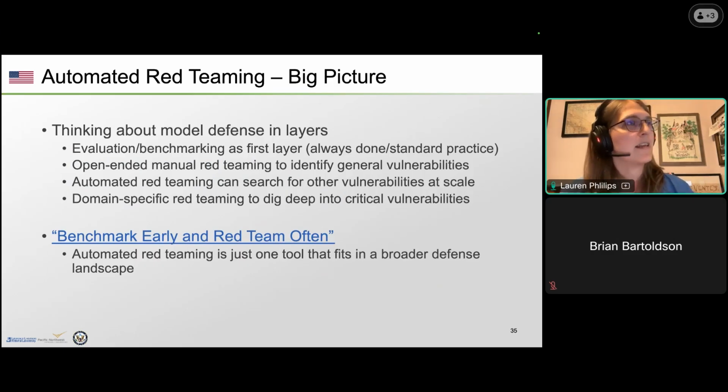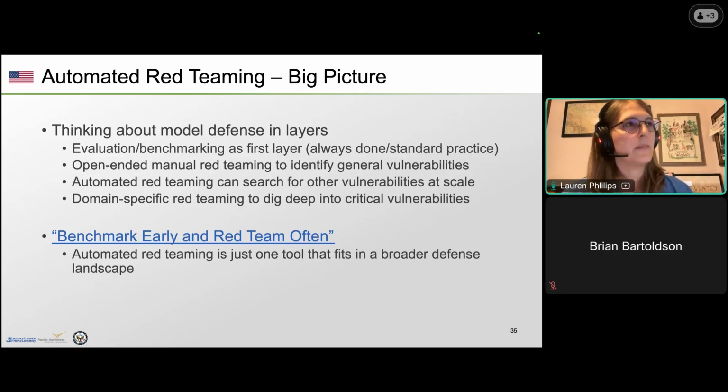My answer to that is that we should think of these different tools as all working together. So evaluation benchmarking, I think of always as our first layer of defense. It is something that you can always do. It's very cheap and fast to implement once you have a benchmark. So this should be your initial first line of defense. You're always using it.